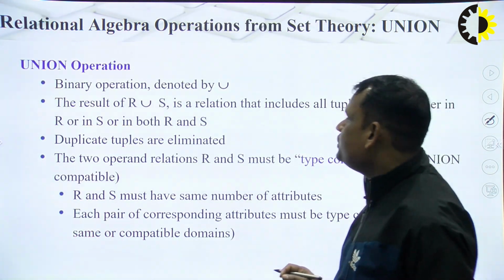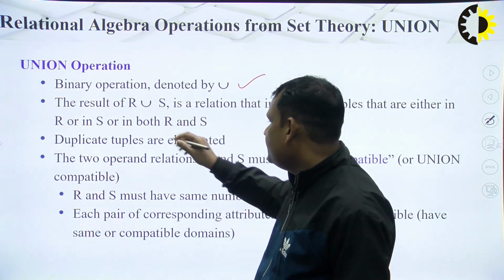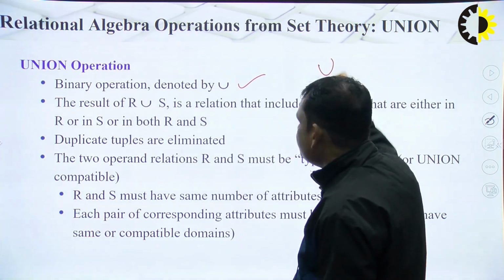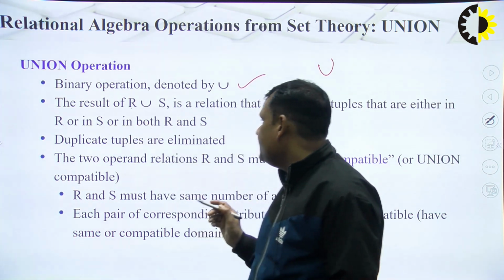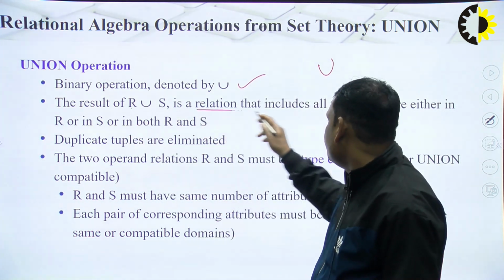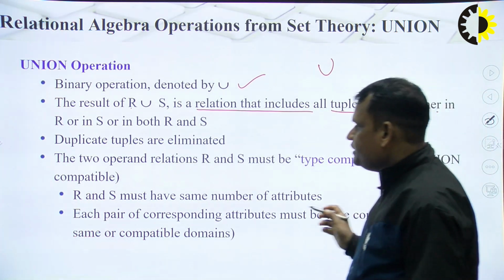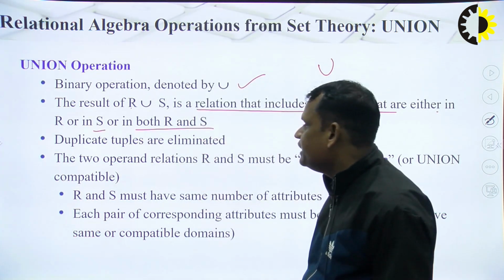Union is a fundamental binary operation, used with the mathematical union symbol. The first relation name is R, the second relation name is S. It includes the tuples in either relation R or S or both.